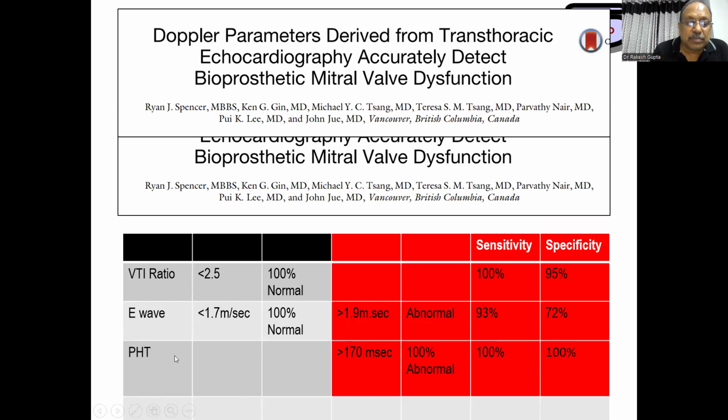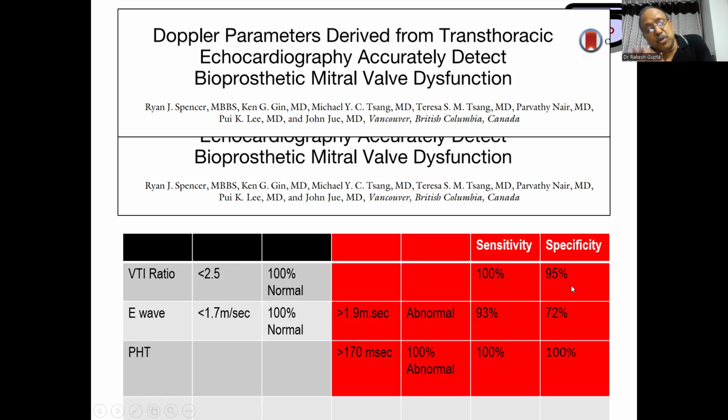Put an emphasis on this pressure half time: if it's more than 170, it's 100% abnormal, with a sensitivity and specificity of more than 100%. And if the velocity time integral ratio of prosthetic valve versus LVOT is less than 2.5, it's 100% normal, with a sensitivity of almost 95 to 100%.